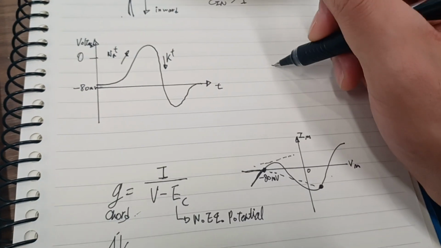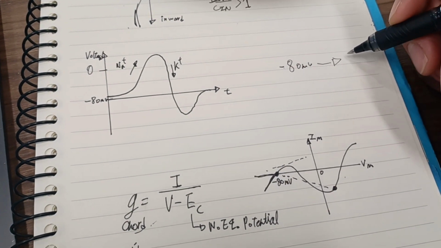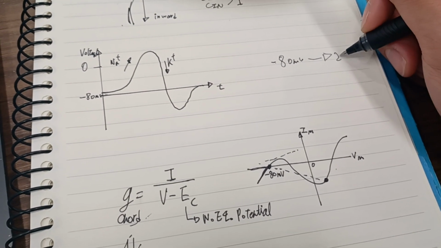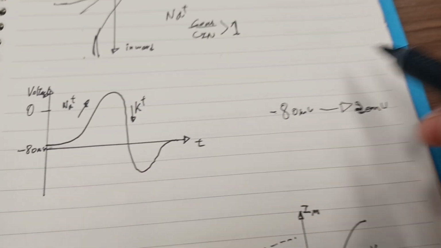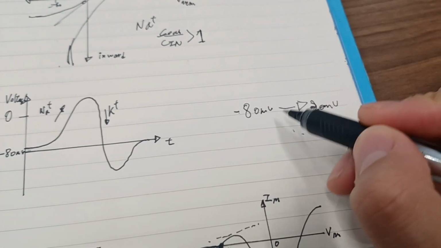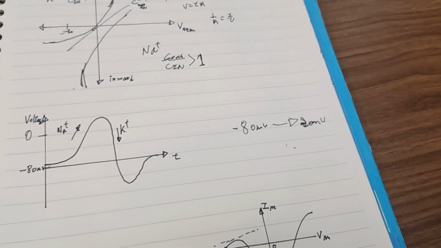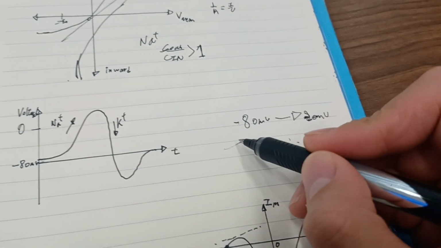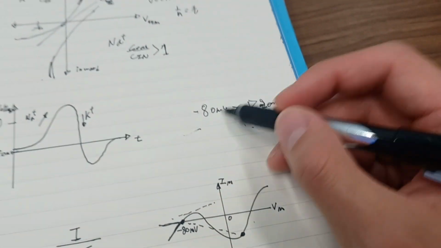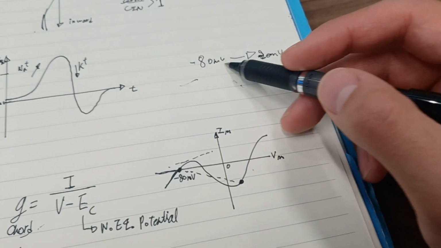So if the equilibrium potential is negative 80 millivolts, and then it becomes, let's say, negative 20, then this is a 60 millivolt change. What matters is how much it deviates from its resting state.